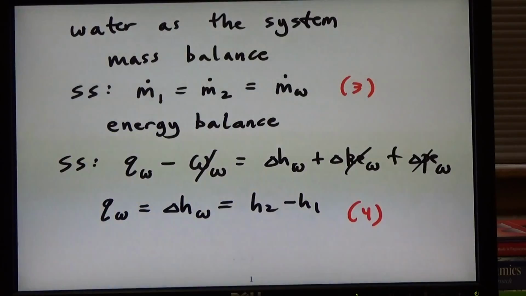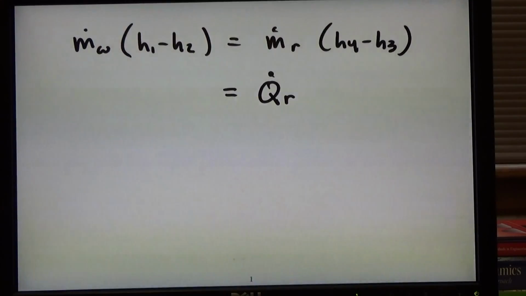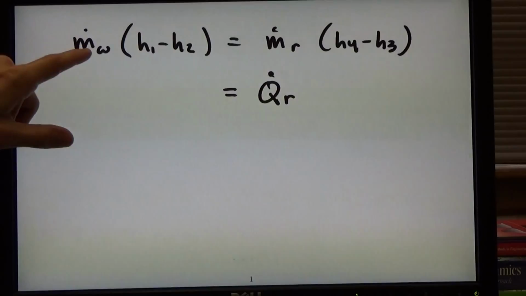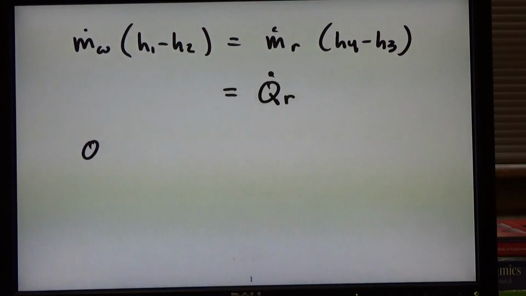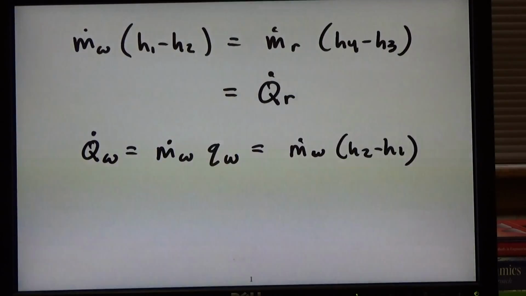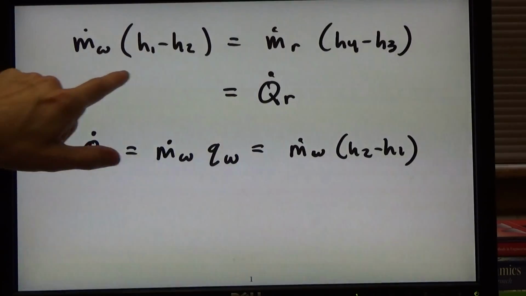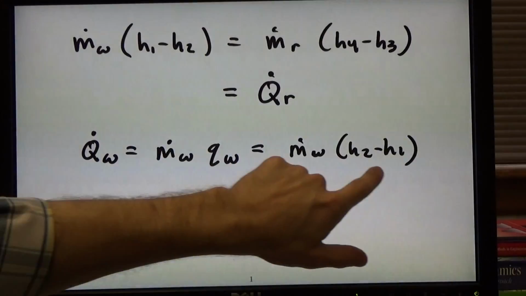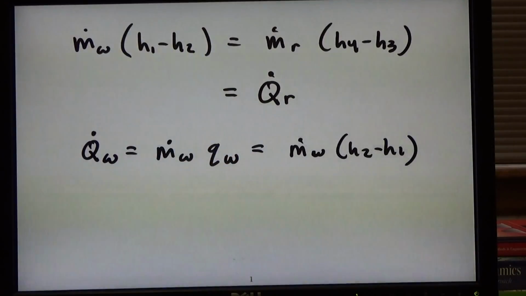So the heat transfer rate to the water should be the mass flow rate of the water times heat transfer per unit mass to the water. So this term right here is actually the negative of this term. So this is negative Q dot to the water.